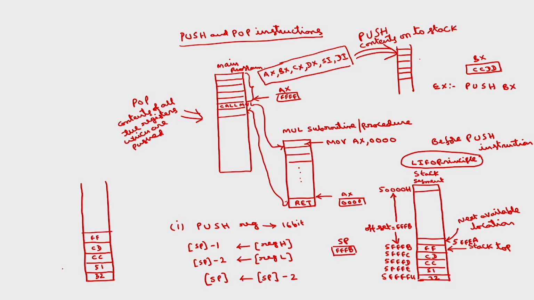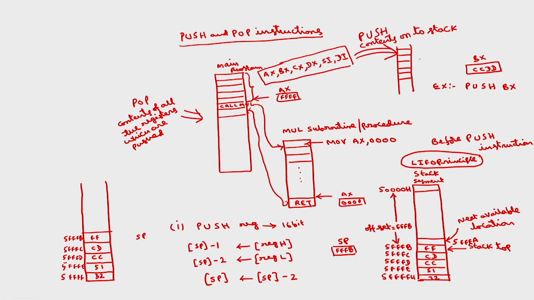So the locations are 5444F, 5FFFE, 5FFFD, 5FFFC, 5FFFB. So the stack pointer was here initially; the stack pointer contents was this FFFB.